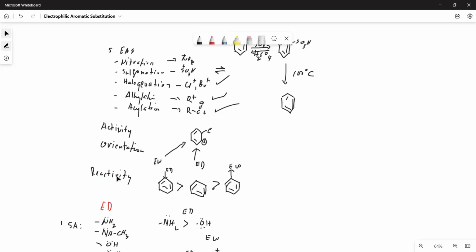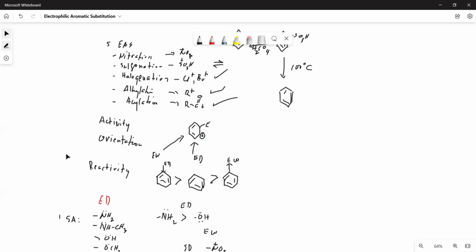So if we compare the reactivity of benzene with electron donating group, benzene without any group attached, and benzene with electron withdrawing group, the most reactive would be benzene with electron donating because it will lower the activation energy due to the stability of the carbonium ion. So that's why you have that trend.